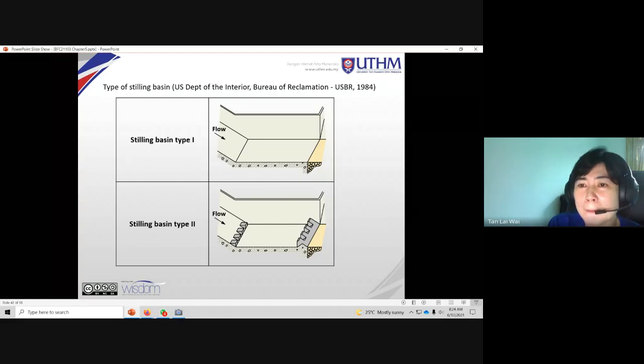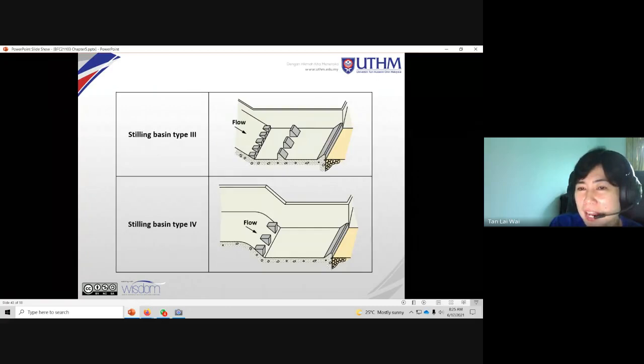Stilling basin type 3 is quite simple. At the bottom there, you can see stilling basin type 2, and then type 3, which is what we are going to design. Type 3 has the chute blocks, baffle piers, as well as the end sill.